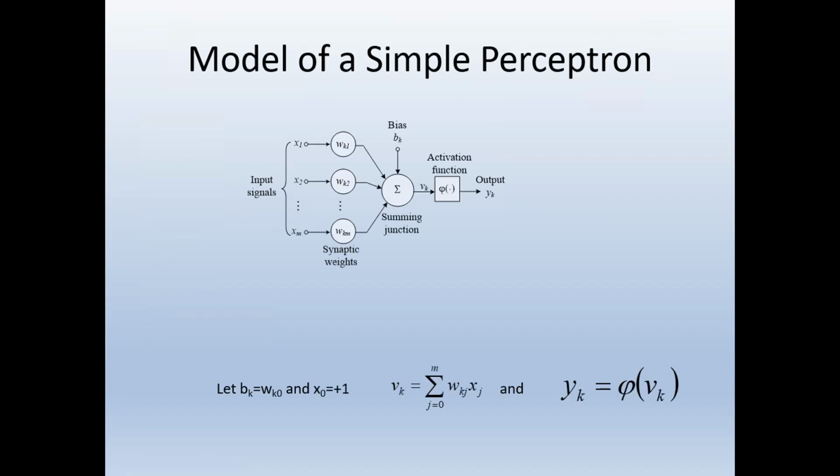So let me come to the very simple portion of a neural network, which is called the perceptron. The perceptron model, this is the architecture. I hope most of you are familiar with it. It consists of m number of inputs, and there is one output, y of k.